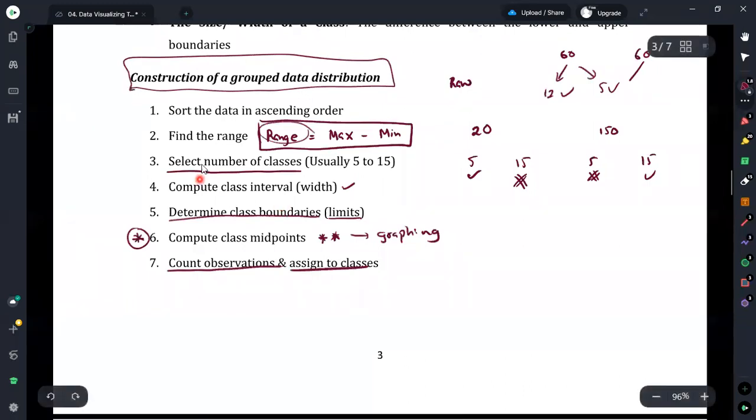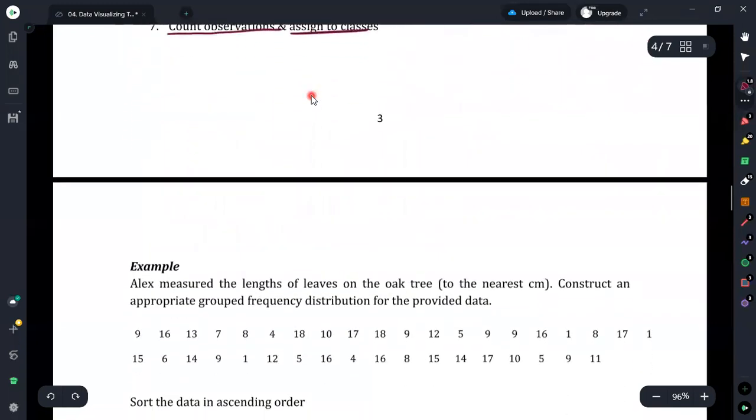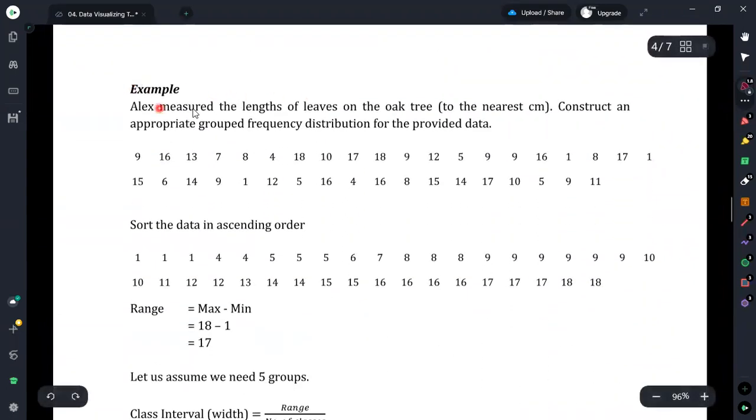Now we will move to an example related to obtaining this grouped data distribution. Here you can see the example I have taken: Alex has measured the length of leaves of an oak tree, recorded to the nearest centimeter, and you are asked to construct an appropriate grouped frequency distribution for the provided data.